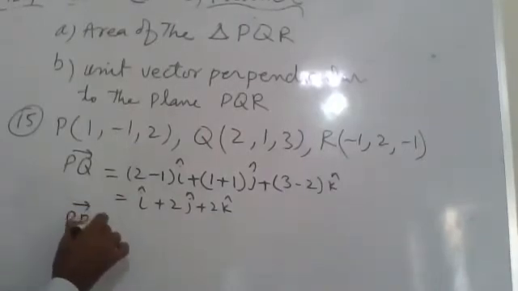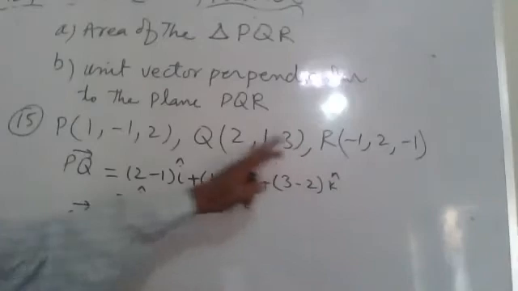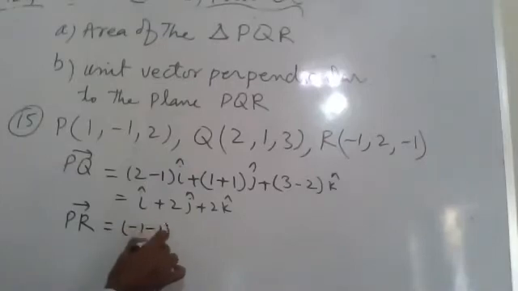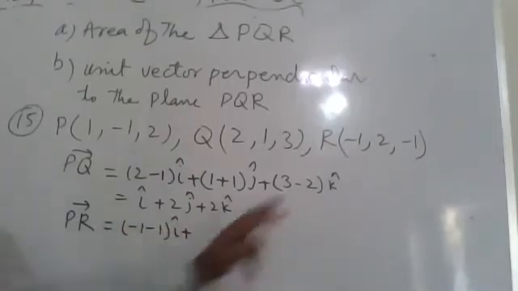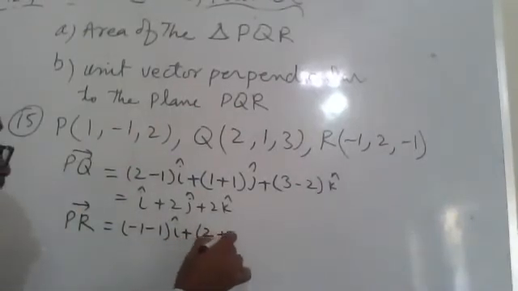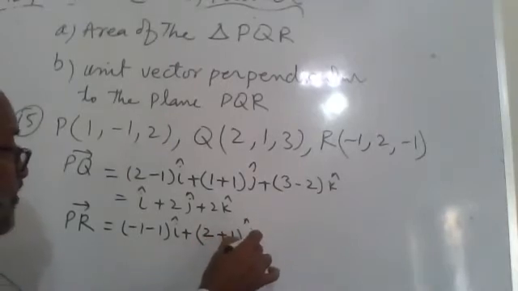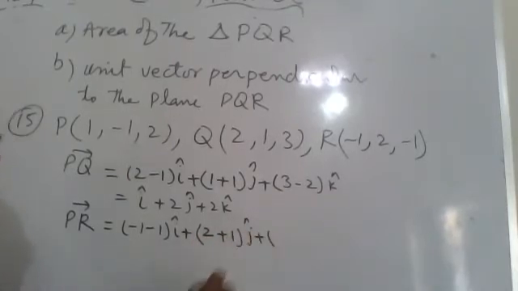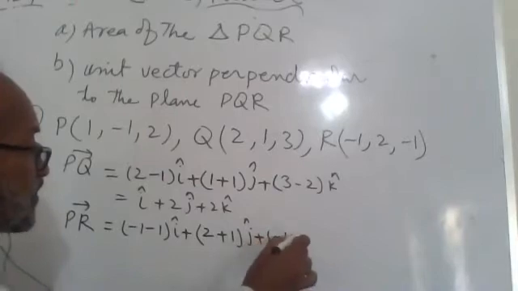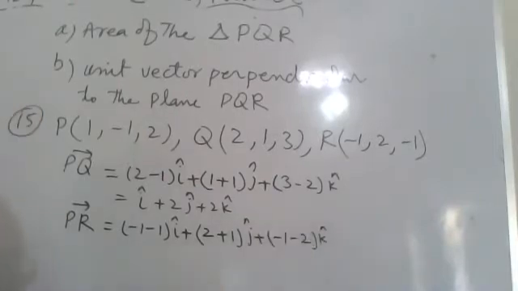PR is R minus P: minus 1, minus 1 i, plus 2 minus minus 1 will be plus 1 j, then plus minus 1, minus 2 k. It will become minus 2i plus 3j minus 3k.